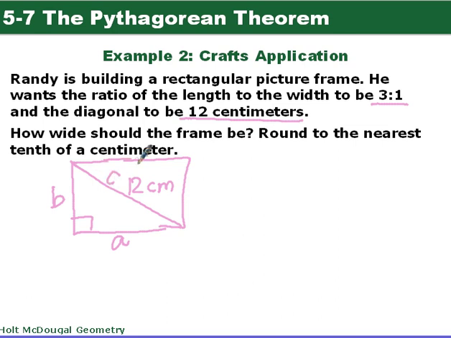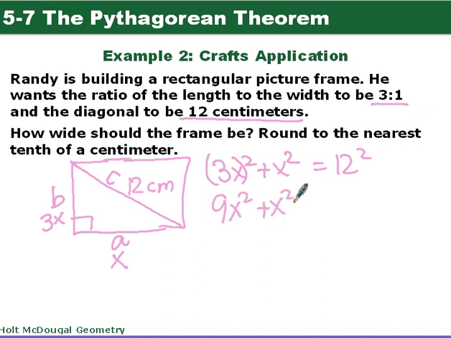So now we have our length is 3, so this would be 3x. Our width is x. So our equation becomes 3x squared plus x squared. So I almost made a mistake there. Group them and then square it. Equals 12 squared. This is 9x squared plus x squared equals 144.